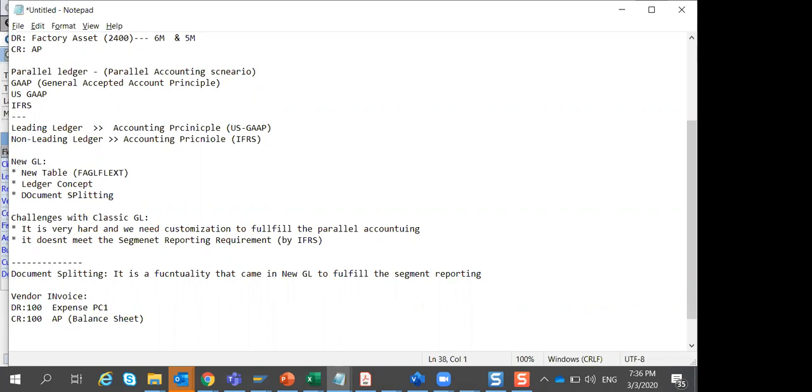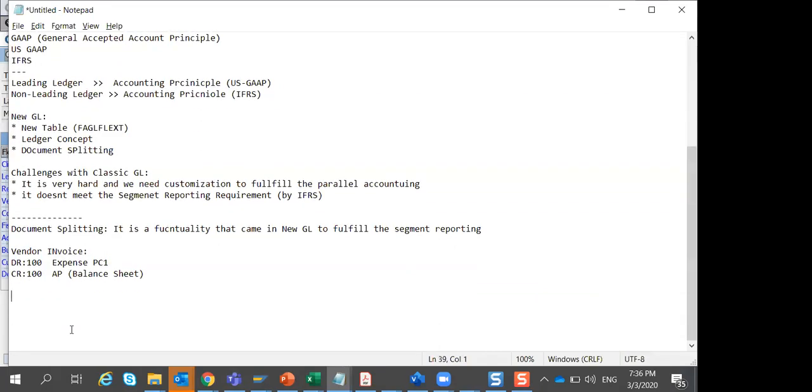What's an even bigger issue is, imagine you have a vendor invoice with two different line items. We have an expense of $100 to profit center one, and another expense of $50 to the same expense account, but to profit center two.